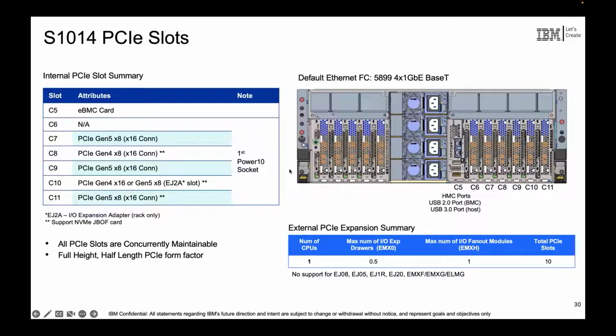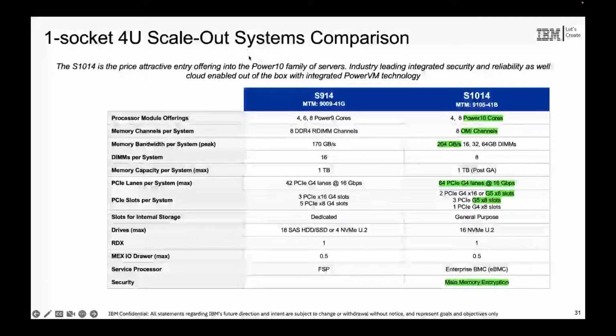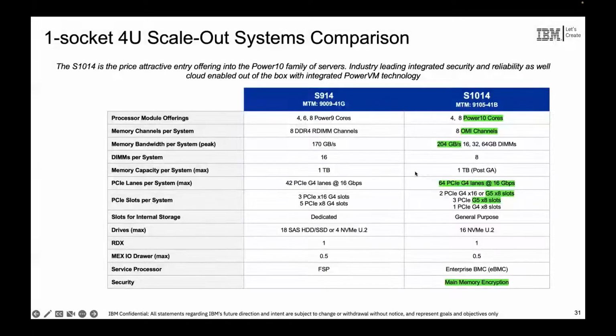So here is our comparison between the 914 and 1014, green being a competitive advantage. So this is the format we'll see for the next 5 systems. We won't spend quite as much time going through each.